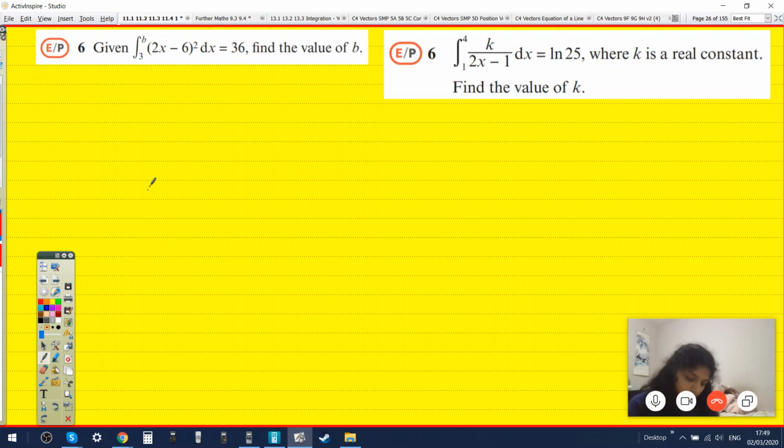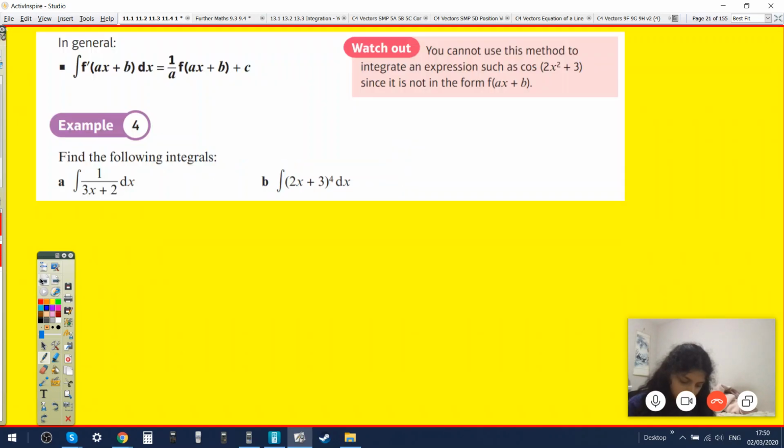Okay, 2x minus 6 cubed over 6. And that is, yep. And then you just go from there.